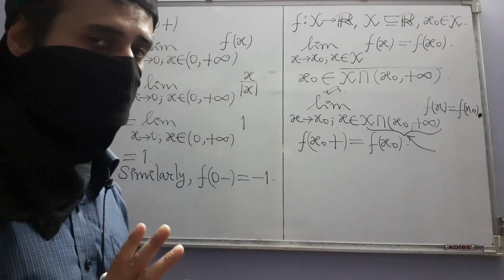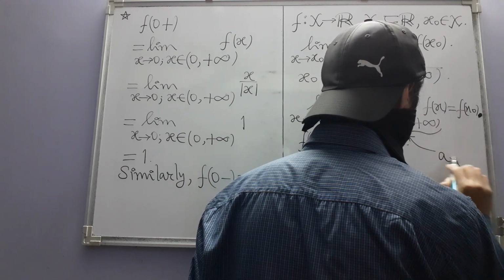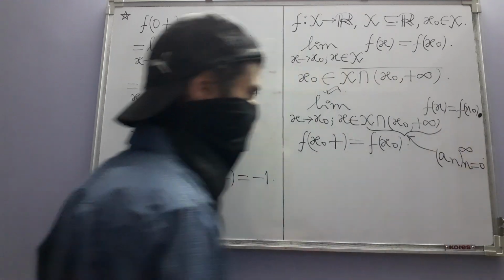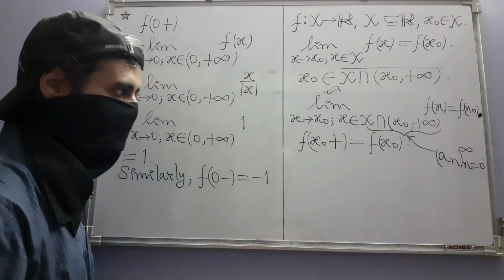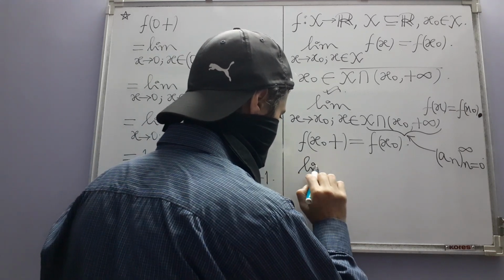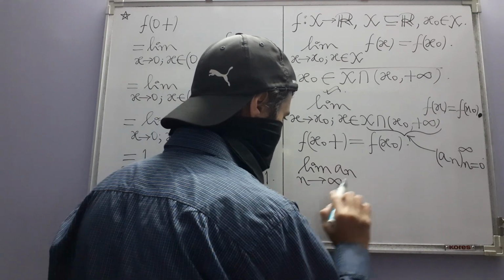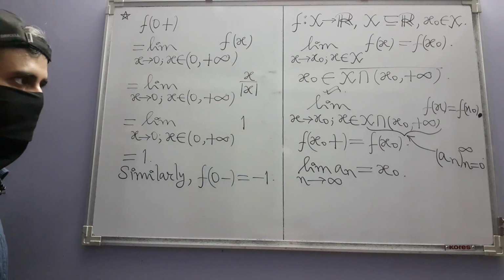So let me take an arbitrary sequence a_n in this set such that a_n converges to x naught.